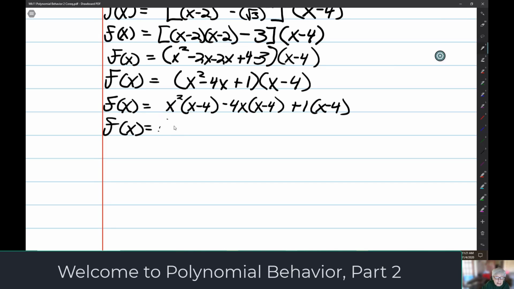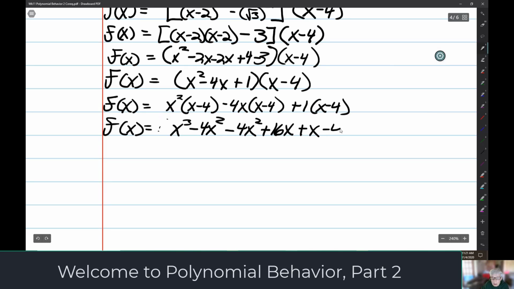X squared times x is x to the third. X squared times minus 4 is minus 4x squared. Minus 4x times x is minus 4x squared. Minus 4x times minus 4 is plus 16x. Now, plus 1 times x minus 4 is going to be plus x minus 4.